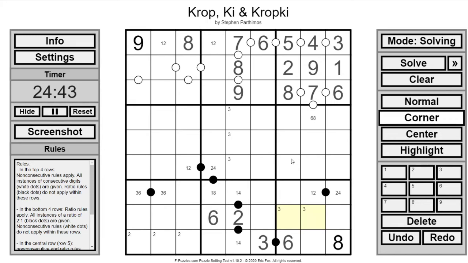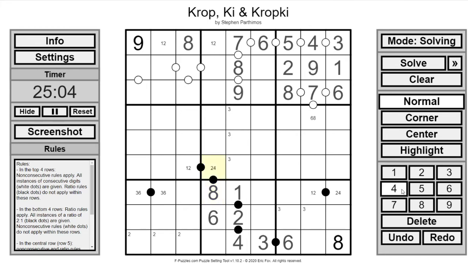I think I can science this out. If this were a 4, then that would force this into being a 1, right? And then this would have to be 8, which is next to 4, which would need a black dot. But if this is a 1, and this is a 4, then this can be 8.